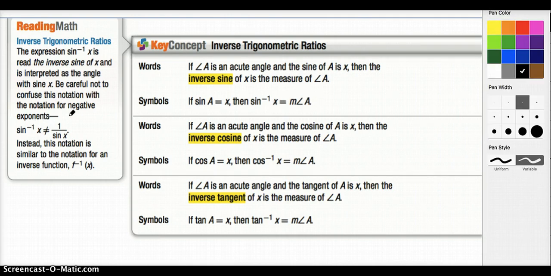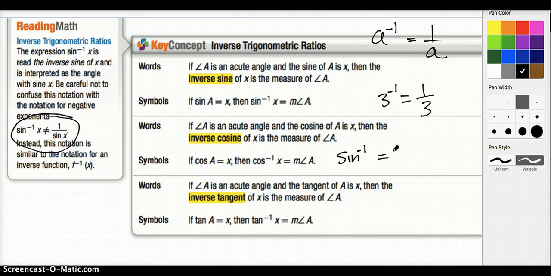And what I need you to know, this little bit of information is important. Usually, you remember in algebra, we talked about taking a variable to the negative 1 power is equal to 1 over that variable, or any number to the negative 1 power is equal to 1 over that number. When we write a function and we write it to the negative 1 power, it does not mean 1 over that function, all right?